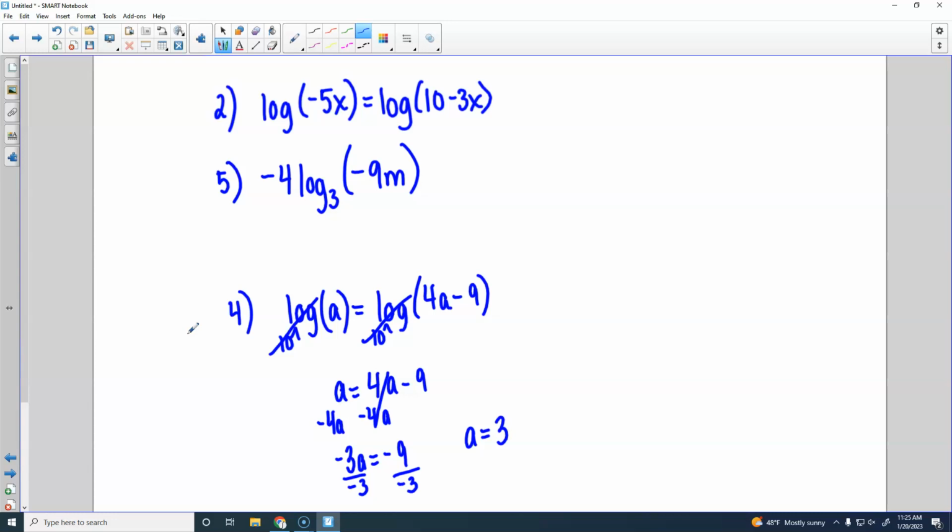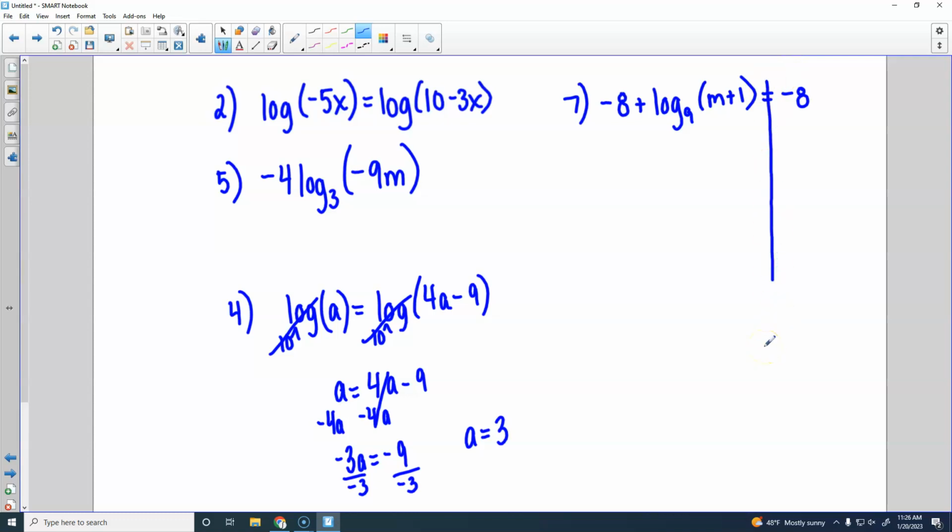So let's look at 7. For 7, you got negative 8 plus log base 9 of m plus 1 equals negative 8.